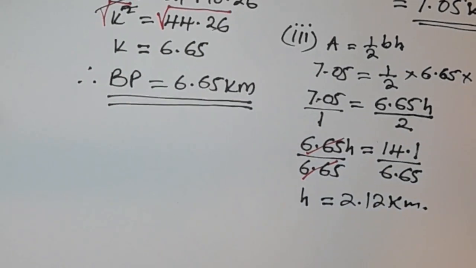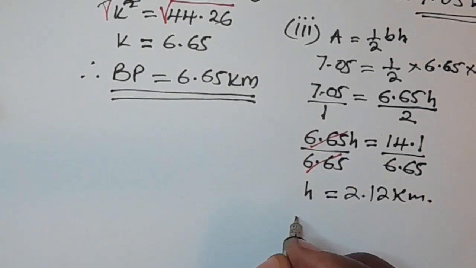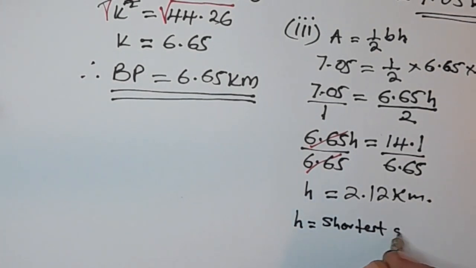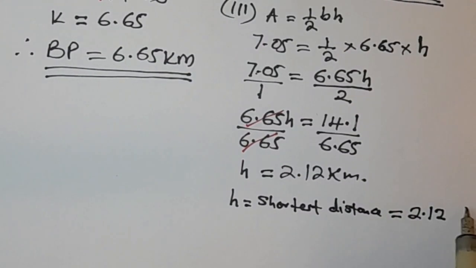So we just have to conclude and say h is equal to the shortest distance, which is equal to 2.12 kilometers.